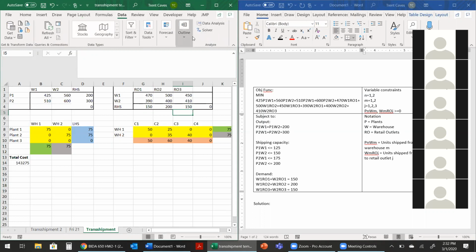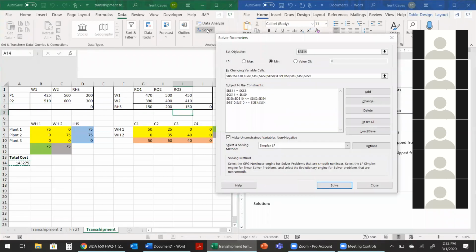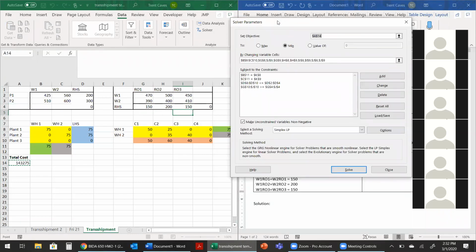Now we go into our solver. And let's look at our solver setup. So our objective value is cell A14. That's listed as the total cost. And we want to minimize our cost. Our variable cells are our number of units shipped, and those are the yellow cells.